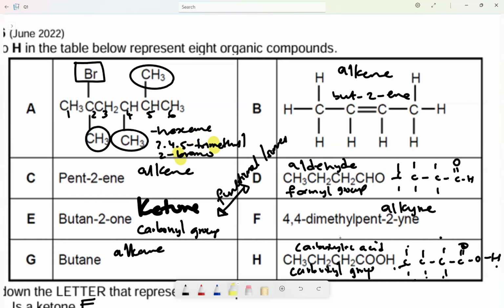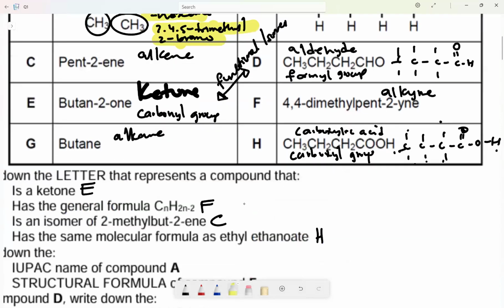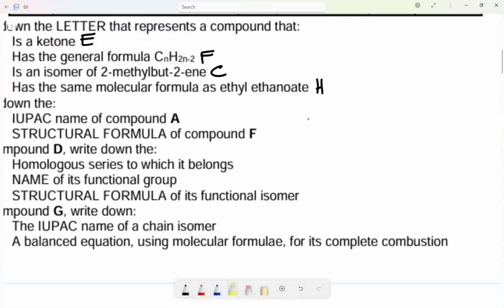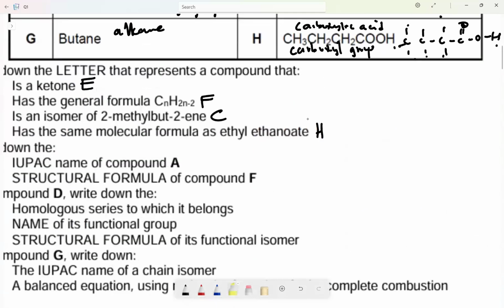This just tells you the number of methyls we have. So I will start with 2 bromo, 2,4,5 trimethyl hexane. Can you see that? B comes before M of methyl. So this should be 2 bromo.